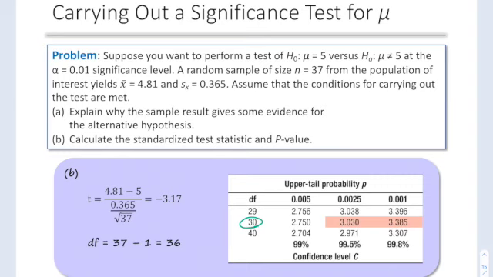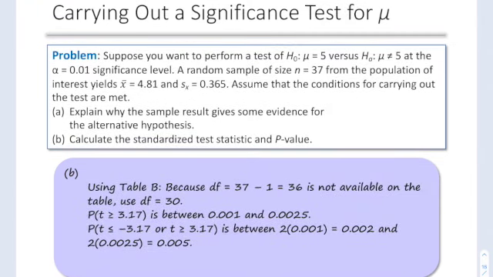And then we go across, matching up for our significance level of alpha is 0.01. 3.17 is what we're looking for, and that is in between these two values. So we have a p-value between 0.001 and 0.0025.